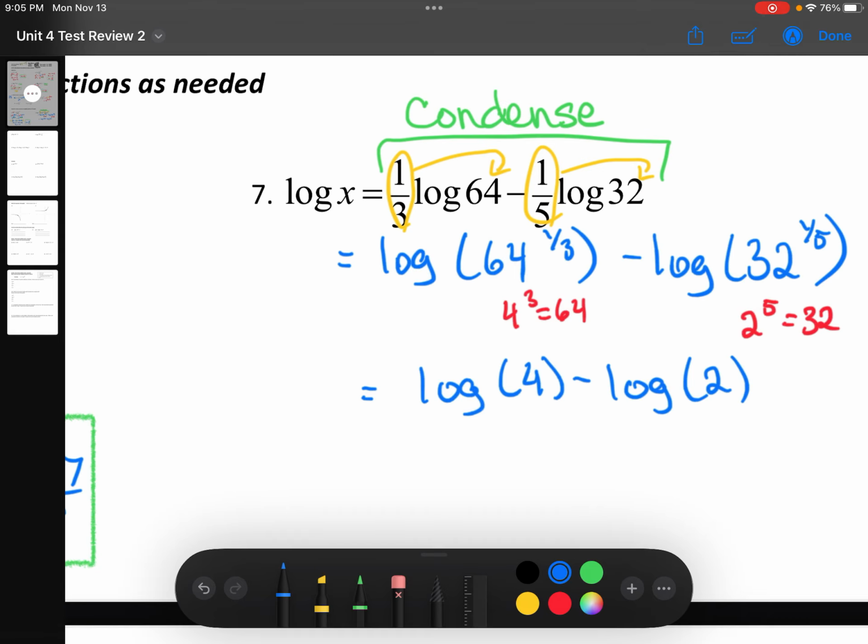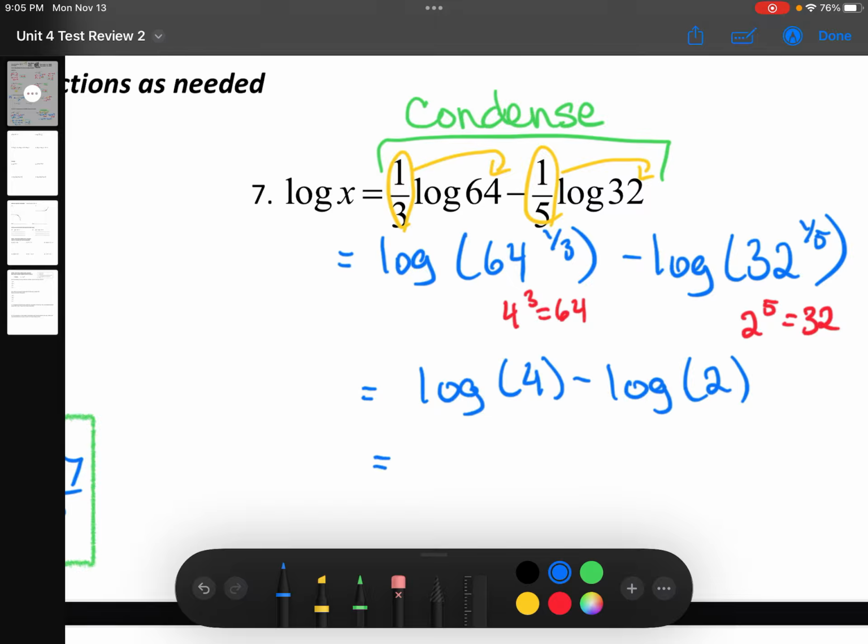And 64 to the 1/3 is 4, because 4 to the 3rd is 64. 32 to the 1/5 power is 2, because 2 to the 5th power is 32.